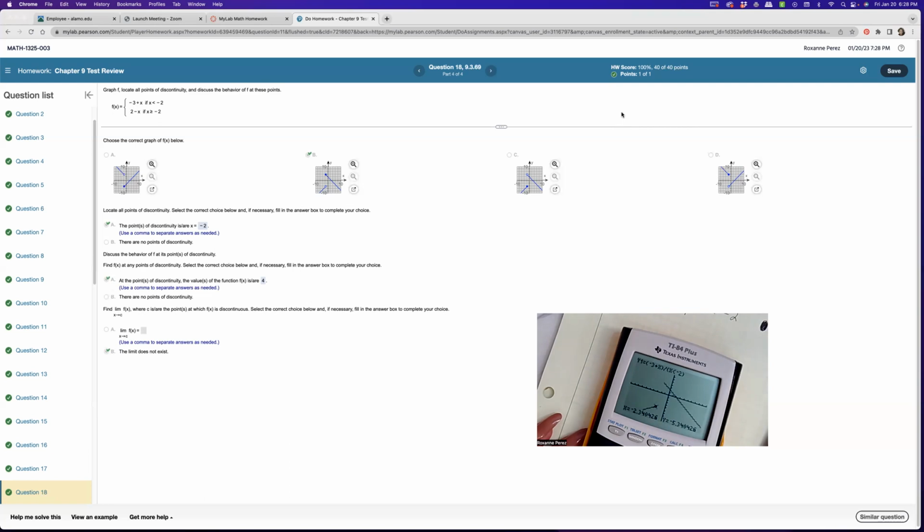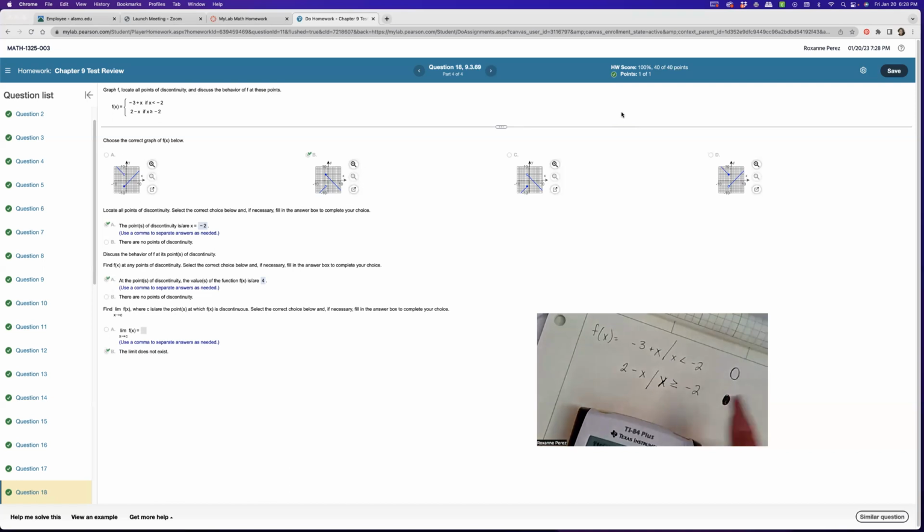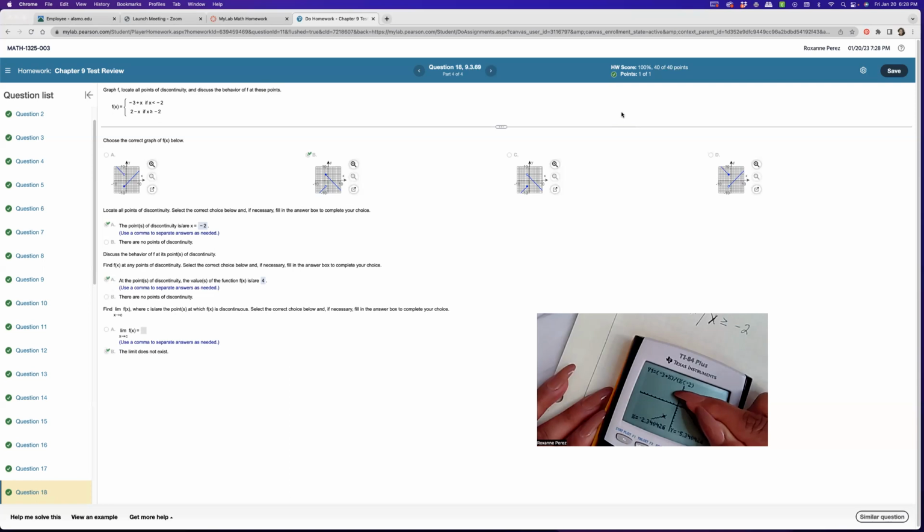Okay, and so here, based on the constraint, we can also go to the next part where it asks for the points of discontinuity. Well, we can see that there's a discontinuity here at x equals -2, right? The function is disjointed, it's discontinuous. Then the next part is find f of x at any points of discontinuity.